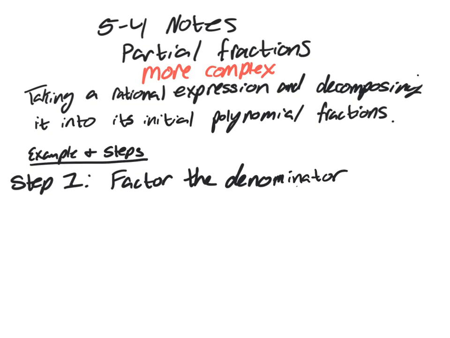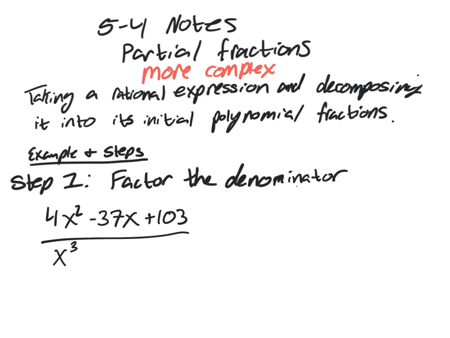So let's take a look at what our problem here is going to be. So we're going to look at 4x squared minus 37x plus 103 divided by x cubed minus 6x squared plus 3x plus 10.